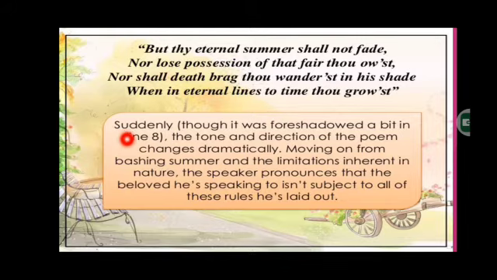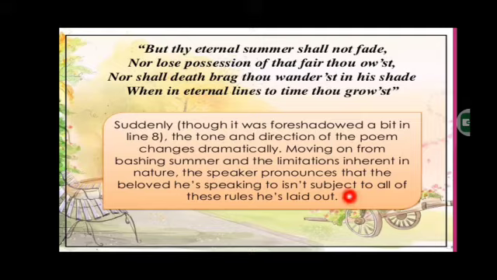So suddenly the tone and direction of the poem changes dramatically, moving on from bashing summer and the lamentation inherent in nature. The speaker pronounces that the beloved he is speaking to isn't subject to all of these rules he has laid out. So the rules are that every beauty will have a fall, or a time will come that the beauty will be lost, right?